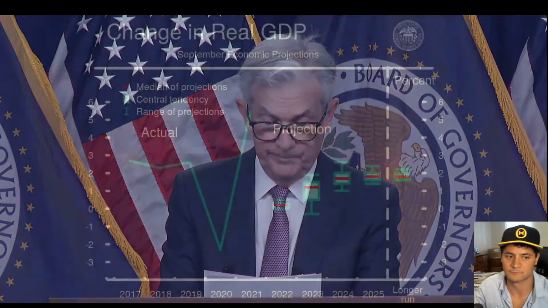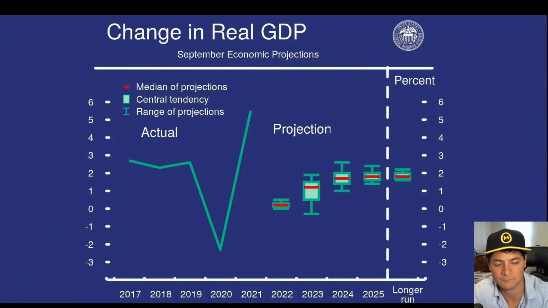Higher interest rates and slower output growth also appear to be weighing on business fixed investment, while weaker economic growth abroad is restraining exports. As shown in our summary of economic projections, since June, FOMC participants have marked down their projections for economic activity, with the median projection for real GDP growth standing at just 0.2% this year and 1.2% next year, well below the median estimate of the longer-run normal growth rate.